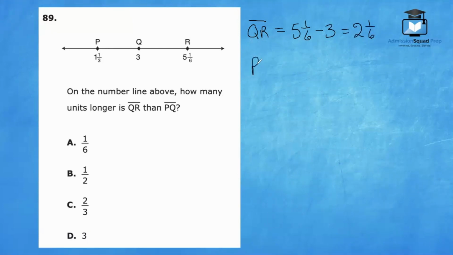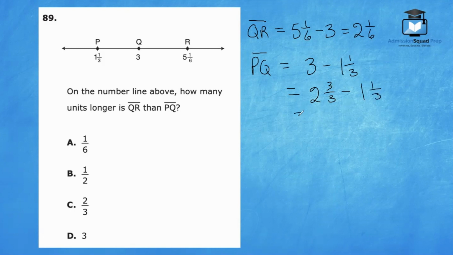The length of PQ equals 3 minus 1 1/3. This one is not so simple. We're going to need to convert 3 into 2 3/3 so that we have a fraction for both the first number and the second number. So 2 3/3 minus 1 1/3 is equivalent to 1 2/3.